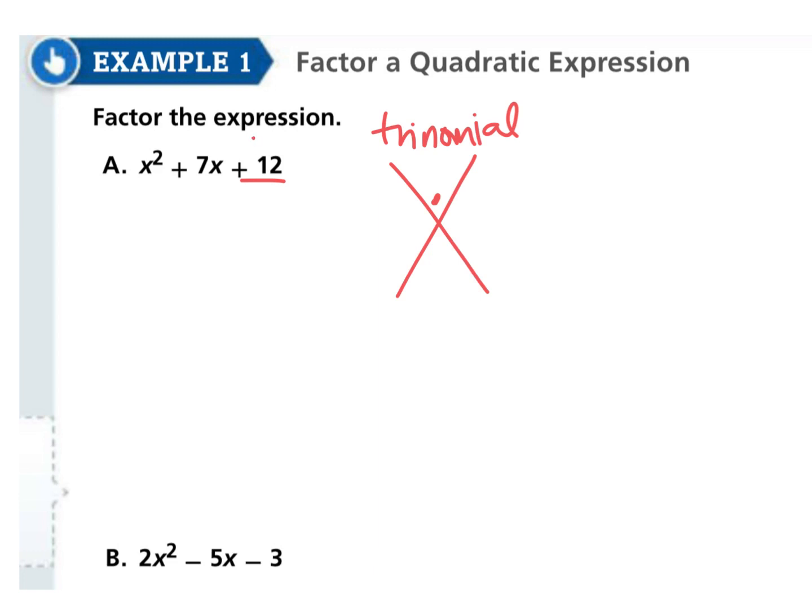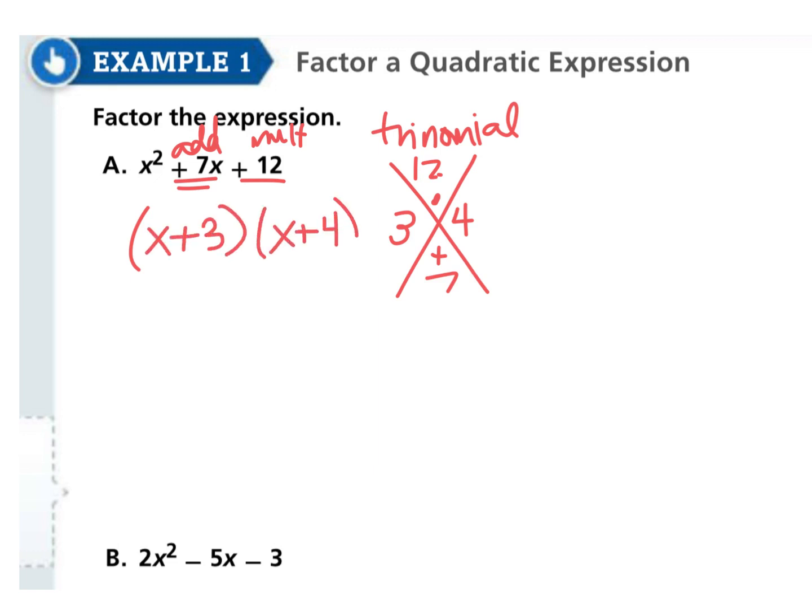So this is our multiply. And we're looking for two numbers that are going to add to give us the middle number. So I need two numbers that multiply to give me 12, add to give me 7. In this instance, those numbers are 3 and 4, which is going to make my factored form of this expression (x plus 3)(x plus 4). And that is how we factor.